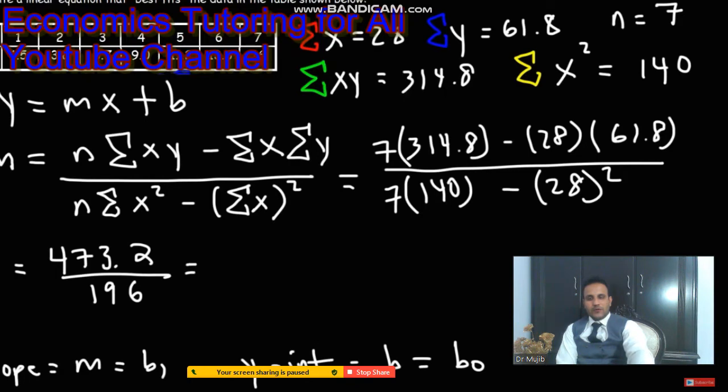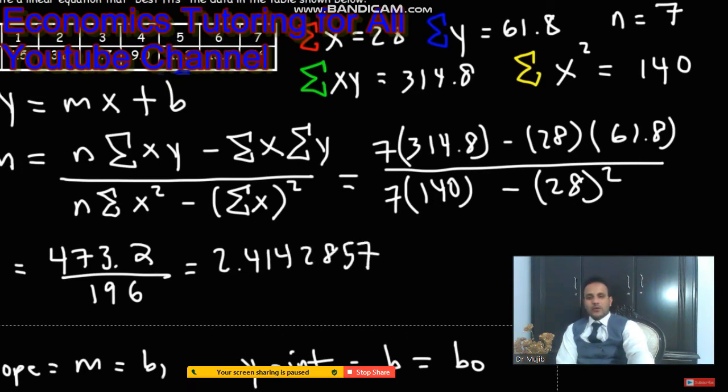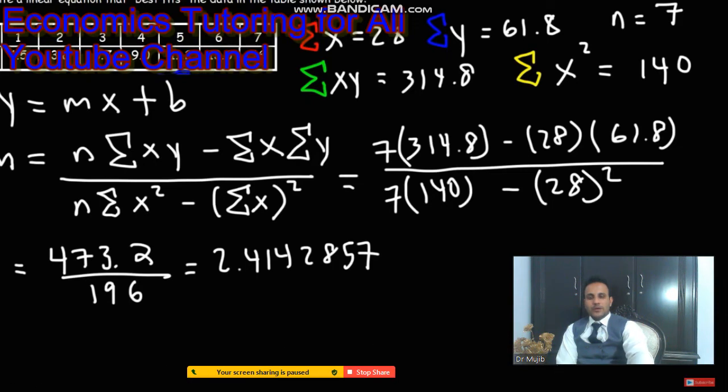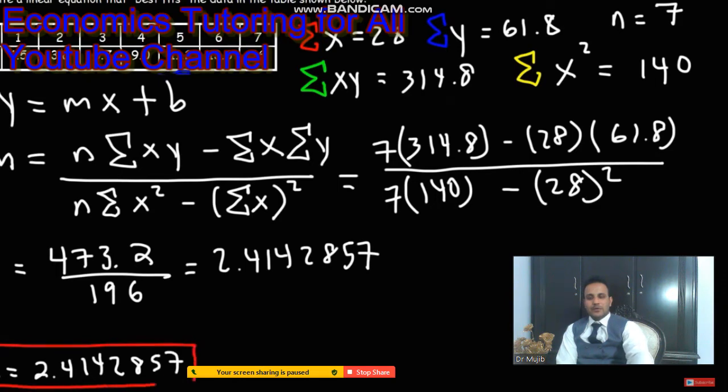Now 473.2 divided by 196 is equal to 2.414. So the slope of the line is equal to 2.4. This means that a 1 unit change in x, the independent variable, brings 2.41% change in the dependent variable, which is y in this equation.